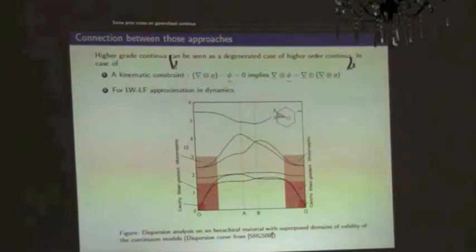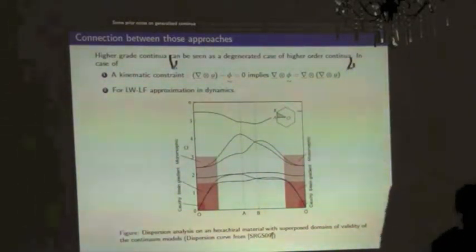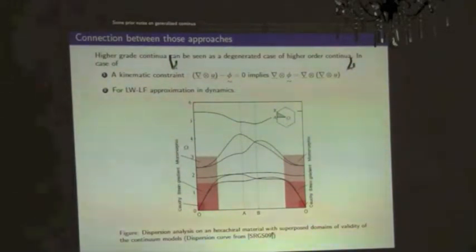The first example is, okay, I'm dealing with a micromorphic medium, so I have as degrees of freedom the displacement field, and I also have a field of second order tensor.